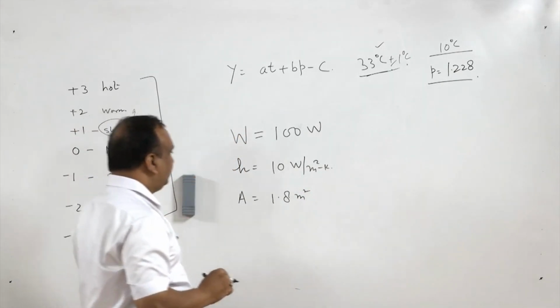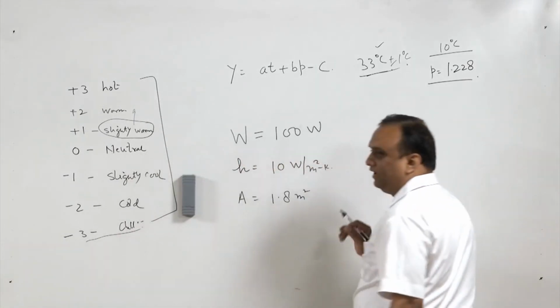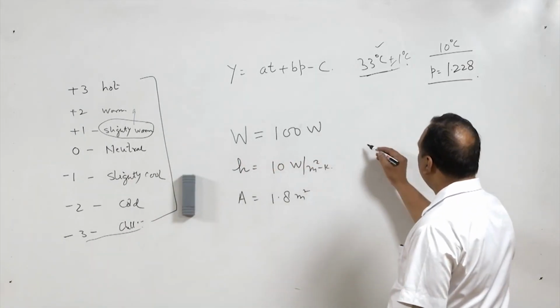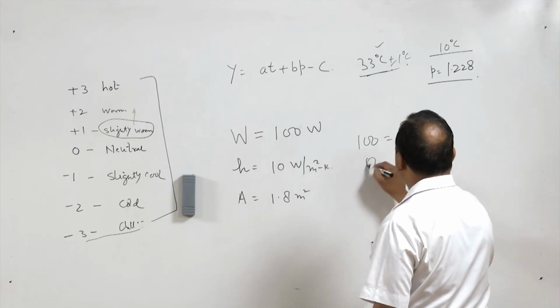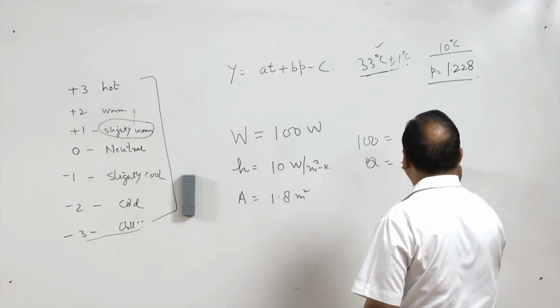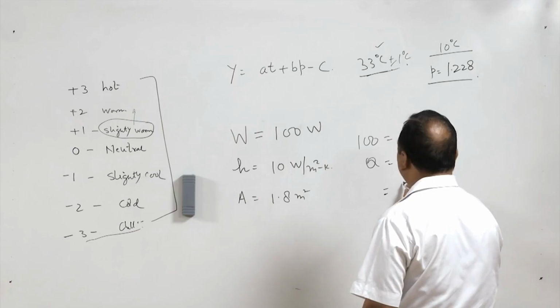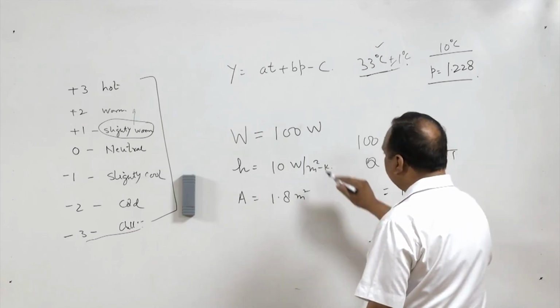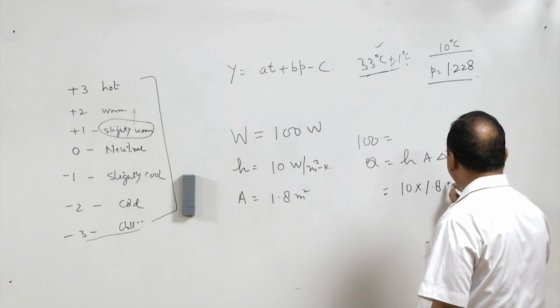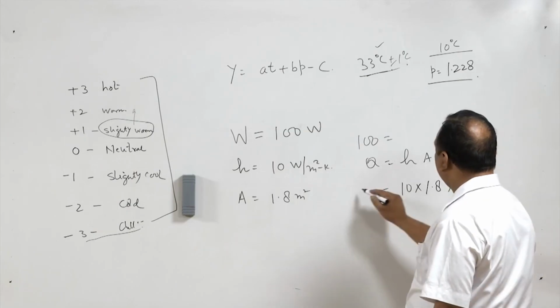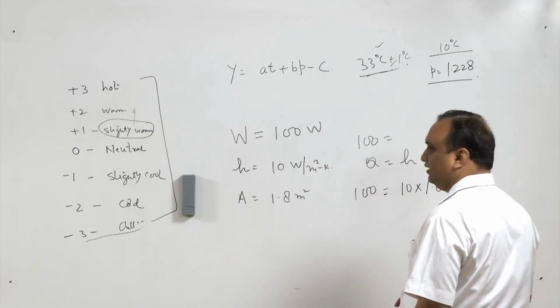With this help, suppose all the heat is dissipated by convection heat transfer. So 100 is equal to Q is equal to H A delta T. H is 10. For the sake of convenience, I have taken these simplified values. 10 into 1.8 into delta T is going to be 100, right?